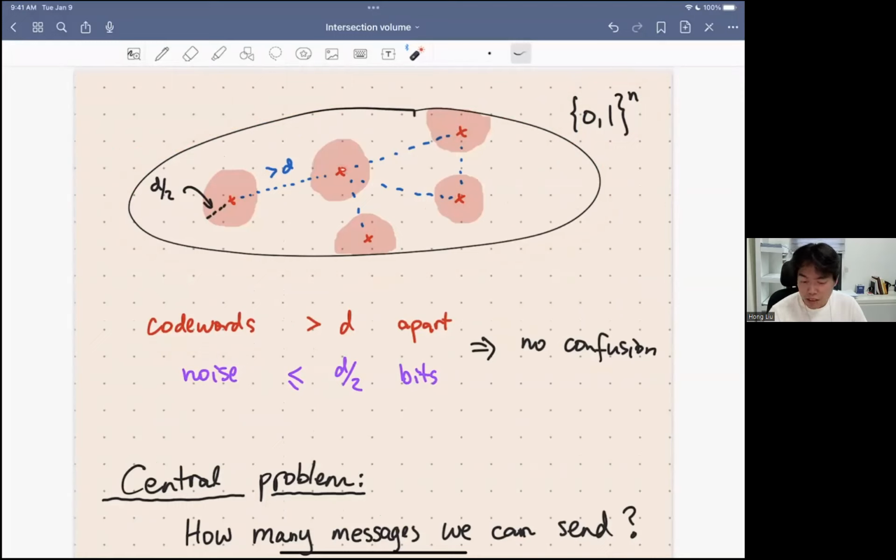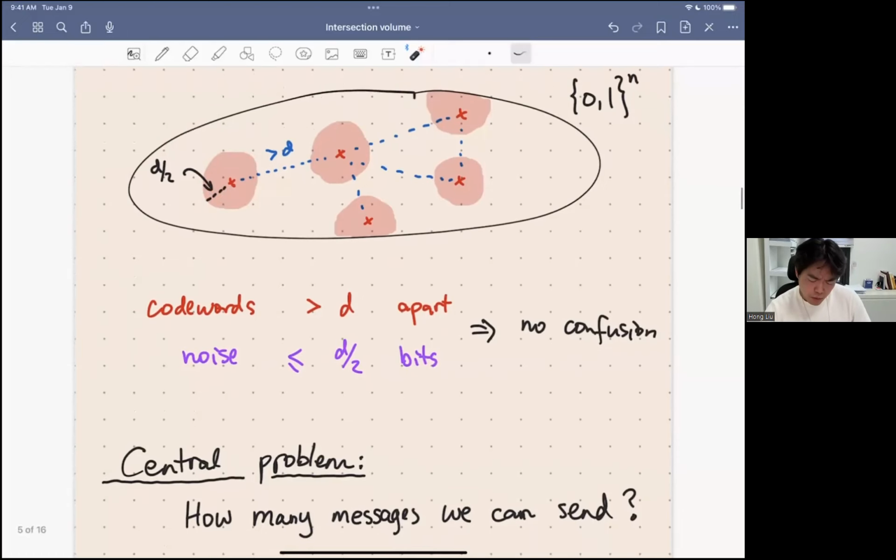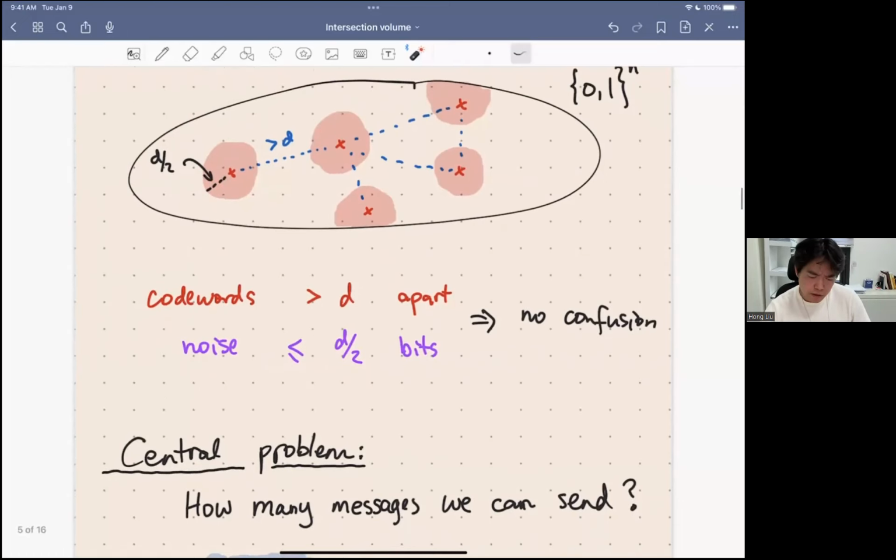The idea is that as long as they are pairwise far apart, say of distance strictly bigger than d, then we can always correct up to d over 2 bits of noise. All we need to do is find the code words. Whenever we receive a string, we just need to find which ball of radius d over 2 we lie in.